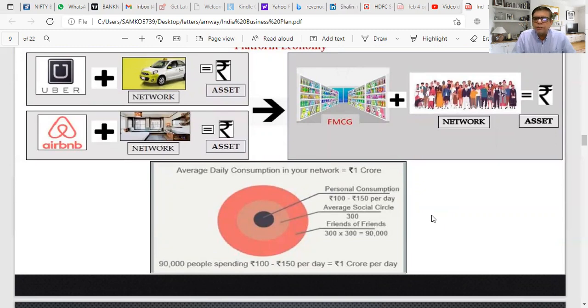So through these 300, you have a network of around 90,000 people, each spending 100, 150, 200 rupees a day. So you can imagine that almost 1 crore per day of products and services are flowing through this network, but you are not aware of it. Now imagine we help you, give you a store with all the products, guaranteed products, and also we help you create a network. You could make a lot of money and basically have a life other than making a living.